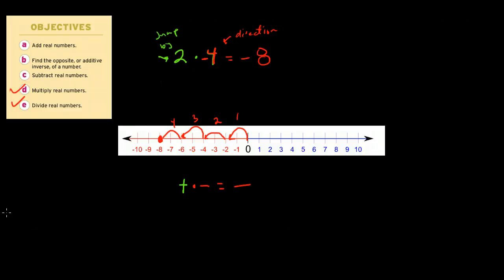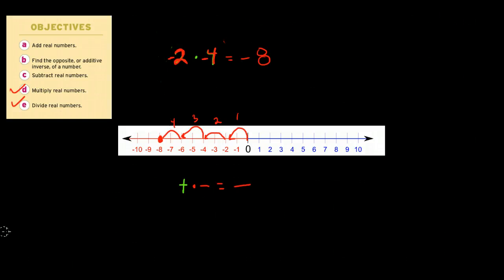Now what would happen if instead of having a positive 2, I had a negative 2? And I multiplied negative 2 by negative 4. Well, that would change my answer dramatically.